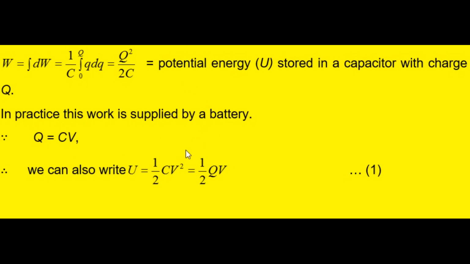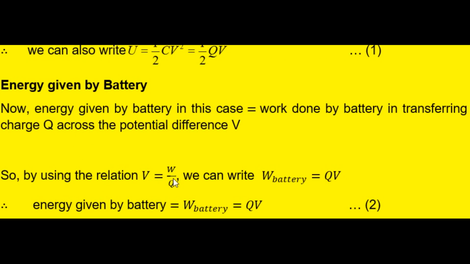Now we will calculate the energy given by the battery. Energy given by the battery in this case will be equal to the work done by the battery in transferring charge capital Q across the potential difference capital V. Using the relation V is equal to W upon Q, W battery is equal to QV.